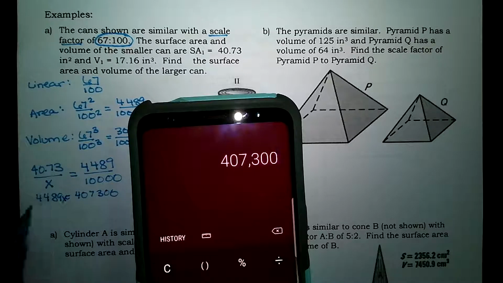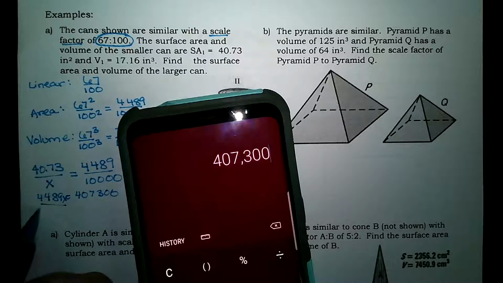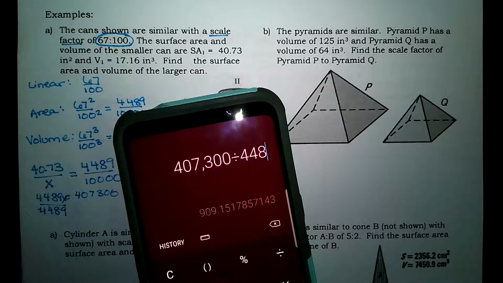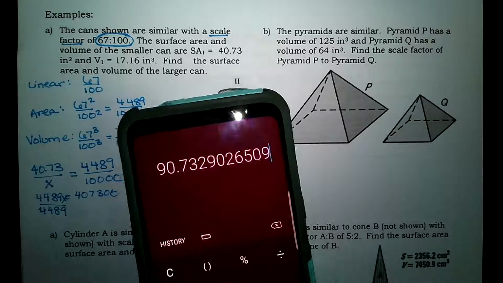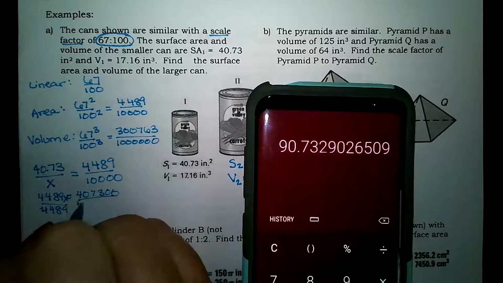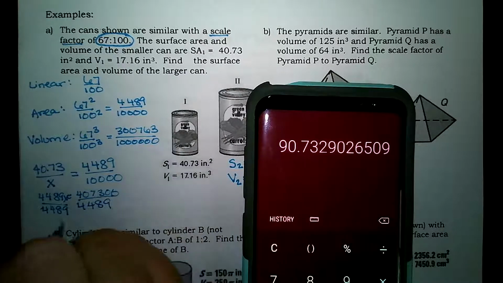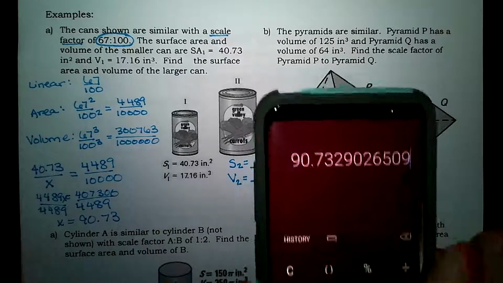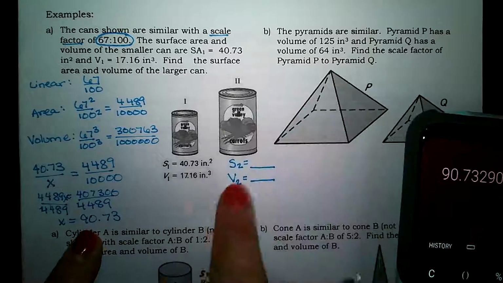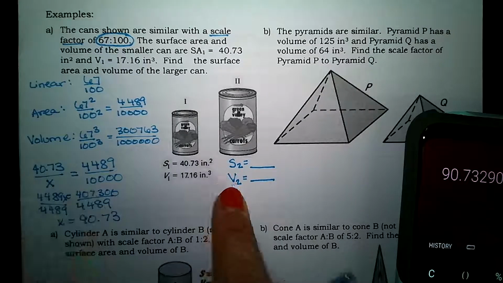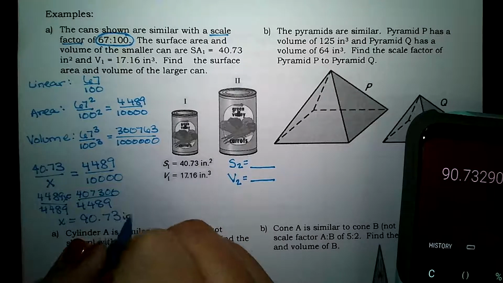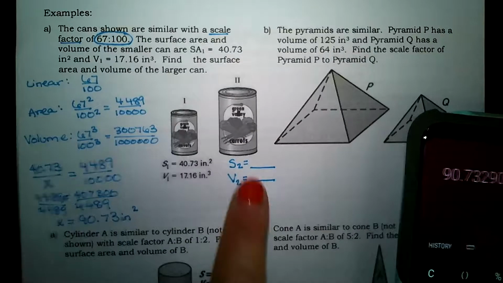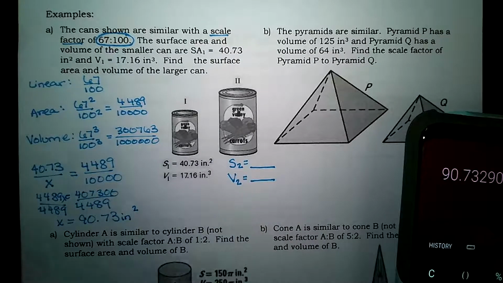To get x all alone, I need to divide by 4,489. x equals 90.73. Now, what were we solving for? Because we're using this ratio, we're solving for area, so that is inches squared. That is the surface area of the larger can.